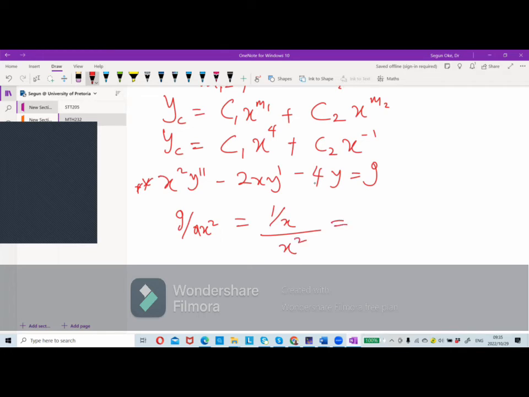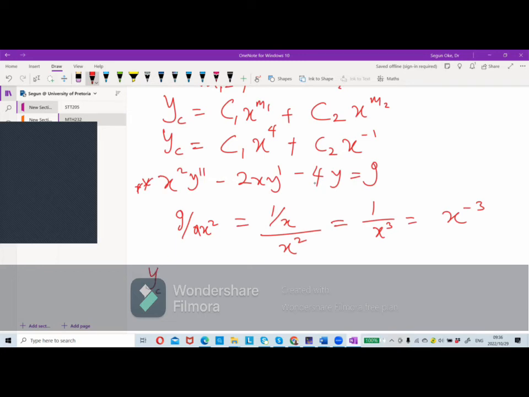At the end of the day, you can resolve this one. You have 1 over x raised to the power 3, which is the same thing as x raised to the power minus 3. Just keep it somewhere. Don't forget your yc.